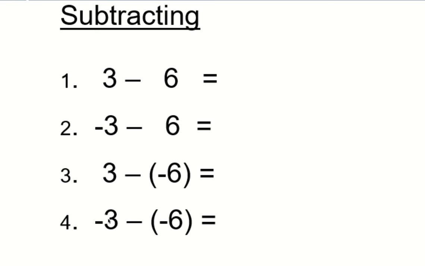If you're at -3 and adding 6, you move 6 places to the right, which lands you at +3. Think about it: -3 plus 3 takes you back to 0. Well, this is -3 plus 6, so you get back to 0 and then have 3 left over, and you end up at +3.